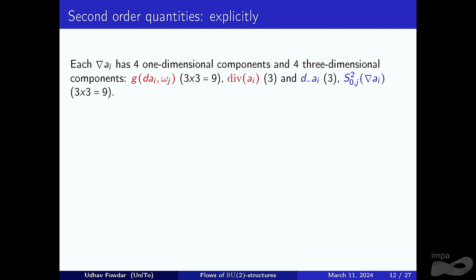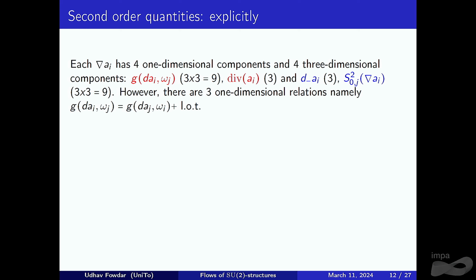On the other hand, I can project each of these 1-forms into the anti-self-dual bit. And I can also split the symmetric bit into its irreducible components, these 3 components. So this gives me a total of 3 3-dimensional bits and 9 3-dimensional bits. But there are some relations between these. Namely, if you swap the indices i and j in this expression here, this is equal to the same thing up to lower order terms.